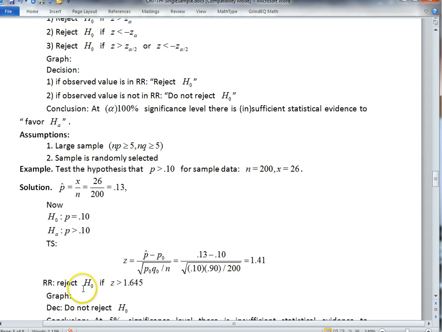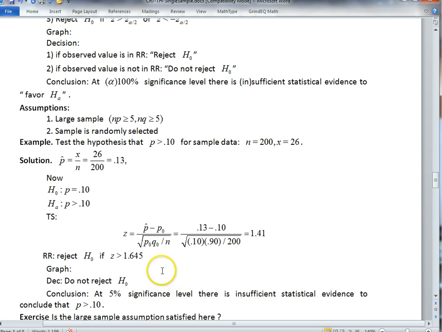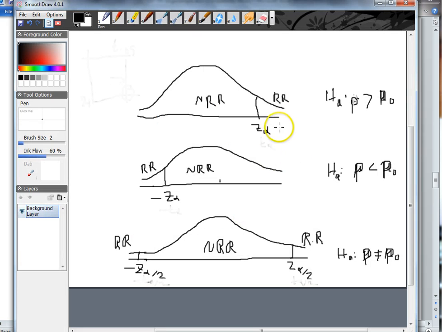What's my critical value? I'm dealing with an upper tail test. There is no mention in the problem of what alpha is, so that means I have to use the default value, which is 5%. So my critical value would be z alpha, which is 1.645, and the graph for this would be again the first one here.